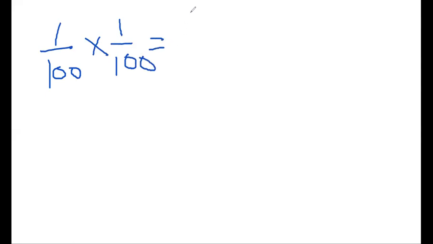A pip is, for instance, in normal currency pairs, where you have 100, and it's 100. 1 times 1 is 1. 100 times 100 is 10,000.